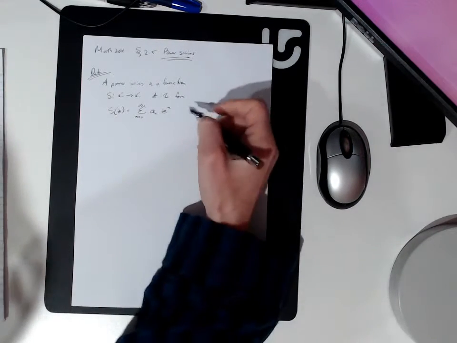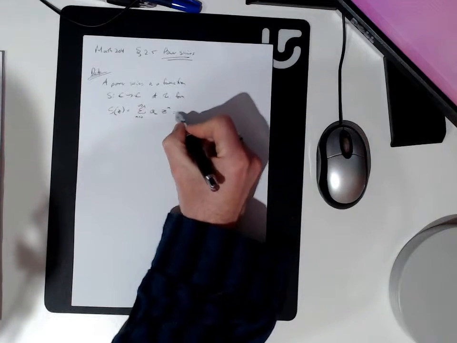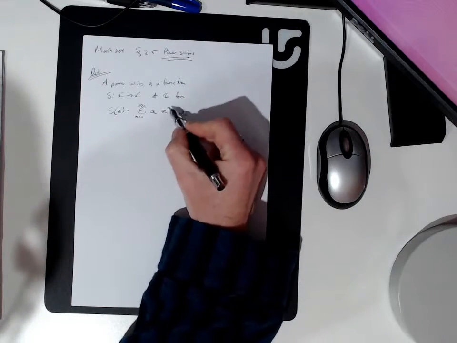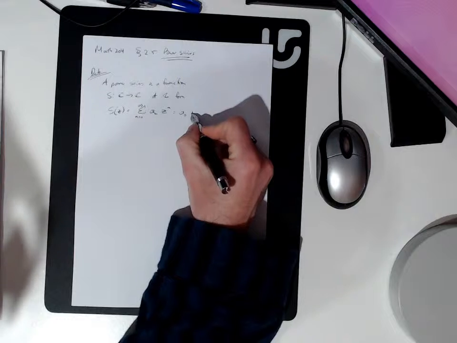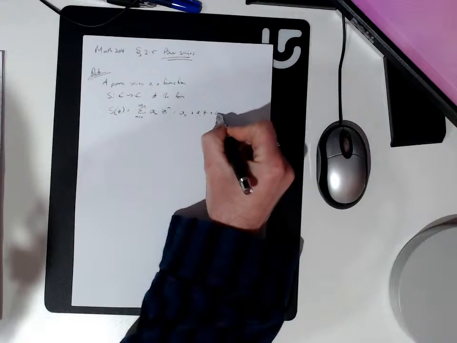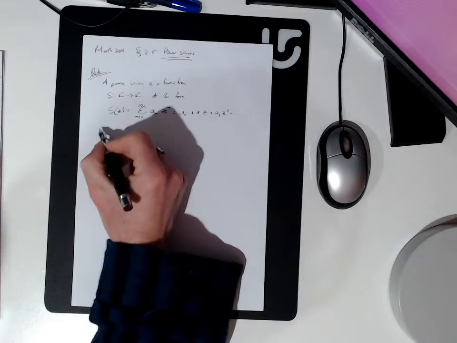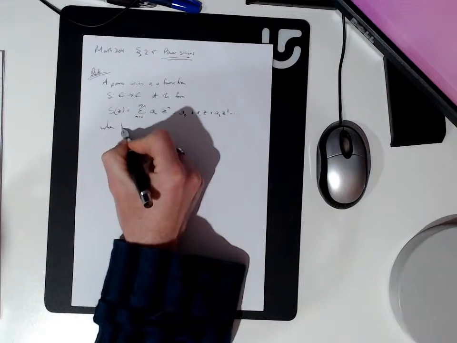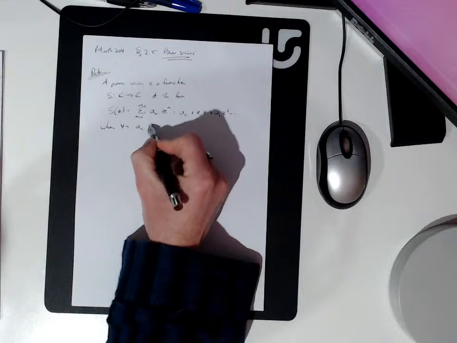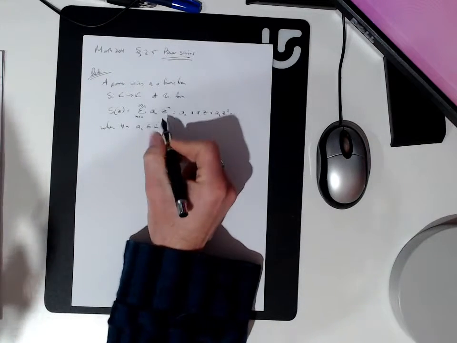So suspiciously like a Taylor series or a Maclaurin series. First term a_0, z to the 0 is 1, so it's a_0 plus a_1 z, a_2 z squared, and so on and so forth, where for all n, a_n is a complex number.